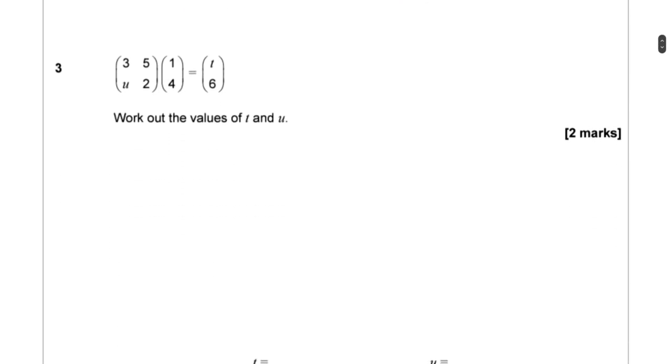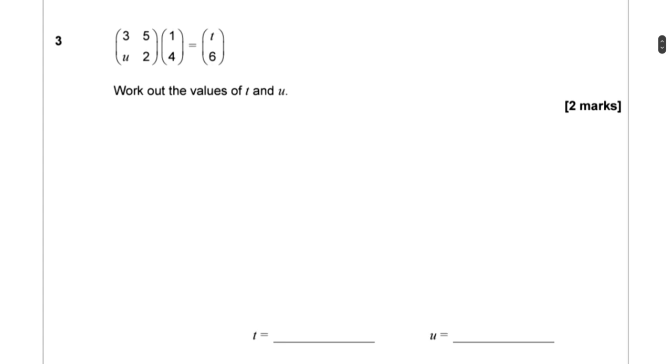Question 3, this is a question under matrices. Now from my previous video, I've shown you how to multiply matrices. This is 3, 5, U, and 2. It's a 2 by 2 matrix multiplying this 1, 4, and the answer is T, 6.